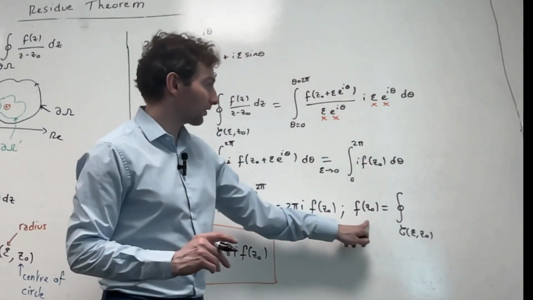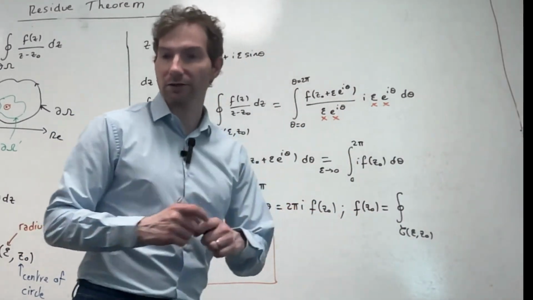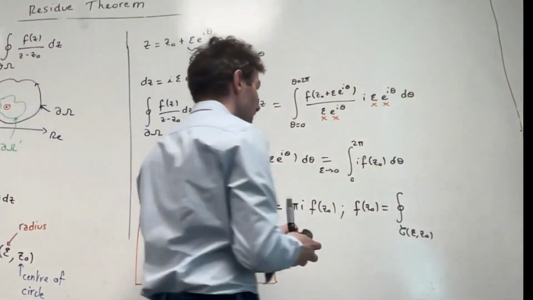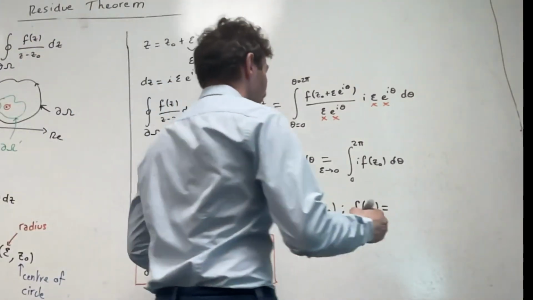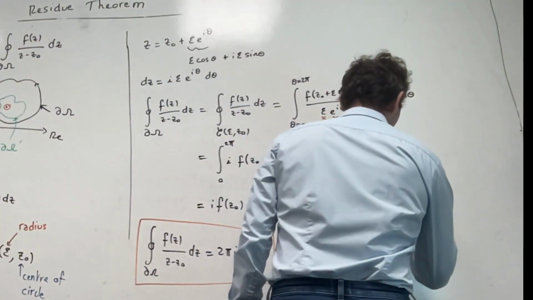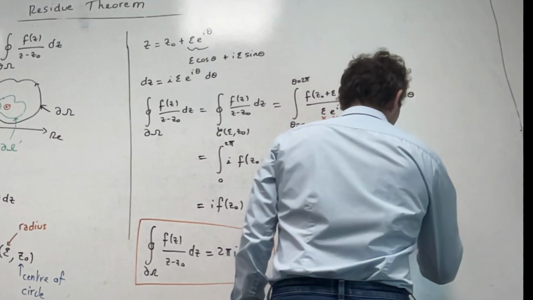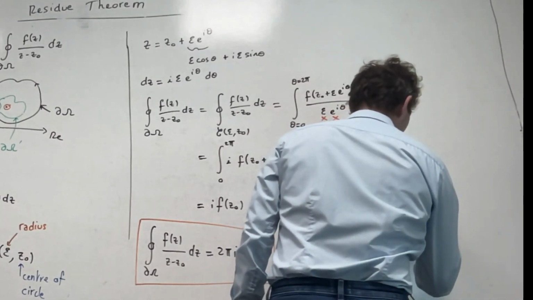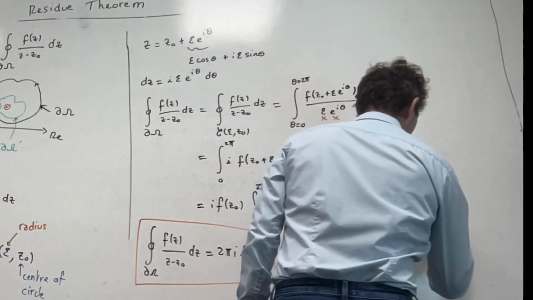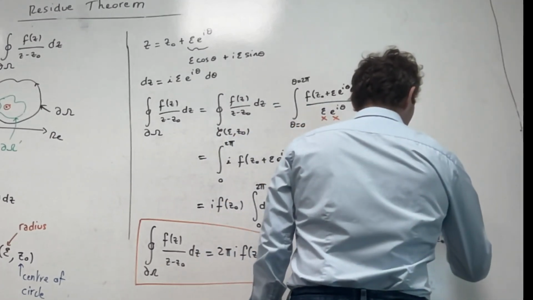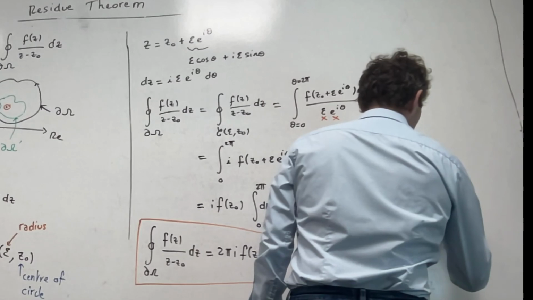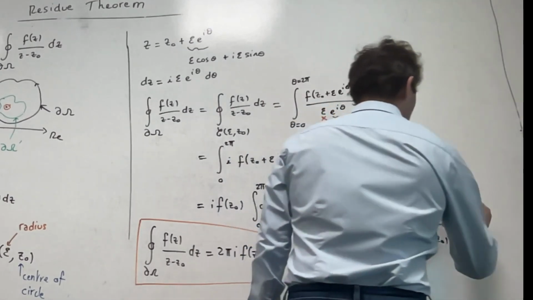So you can say that this is 1 over 2 pi I, the integral over the circle epsilon z0, and then of f of z over z minus z0, dz.